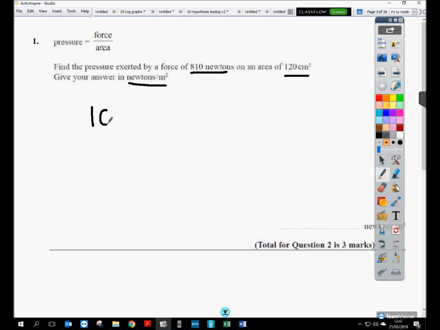So here's a fact that everyone knows. There are 100 centimeters in a meter. Now, this is the conversion between centimeters and meters. It's a different conversion for centimeters squared to meters squared. What we need to do is square every part of it.